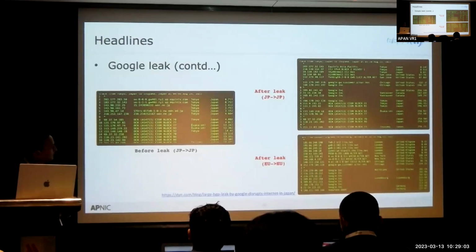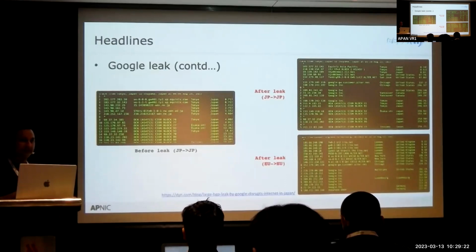You can see the latency has increased by 10 times, which means the services are being affected. And if you look at EU to EU, it's the same thing. The latency has increased significantly, over 10 times.